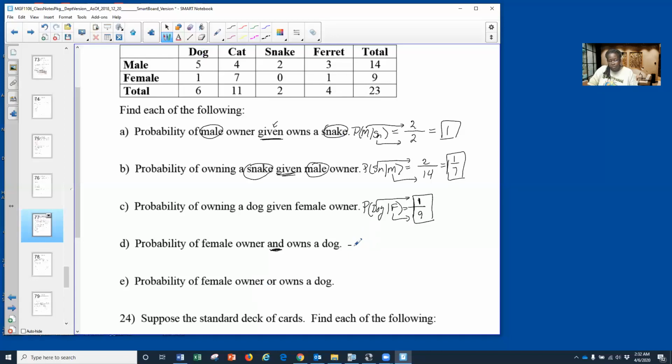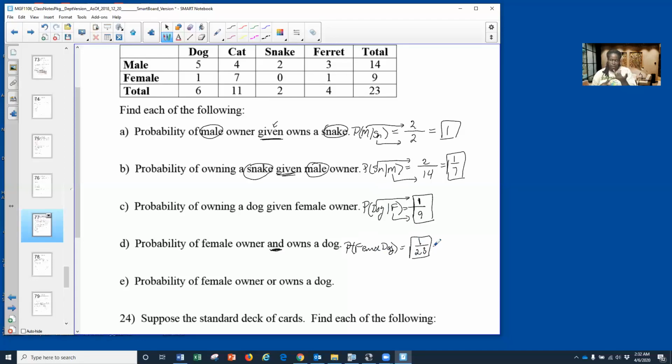So the probability of female and dog would be 1 over 23. Okay, so what do we know?